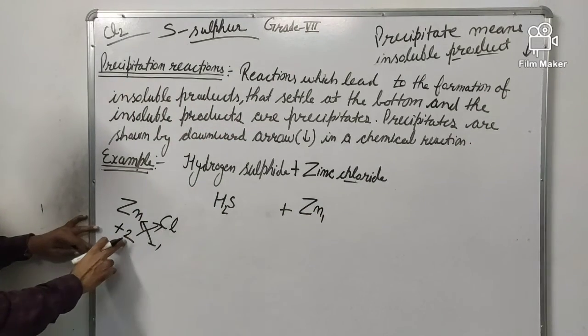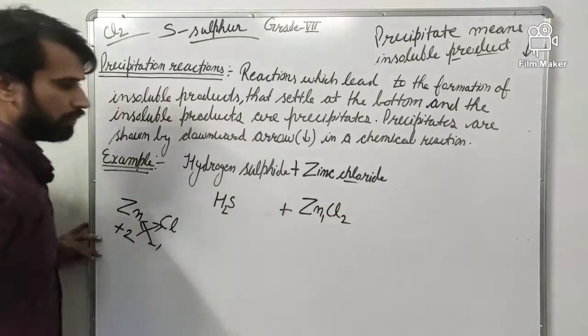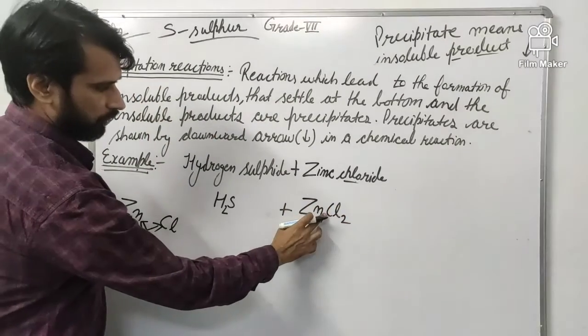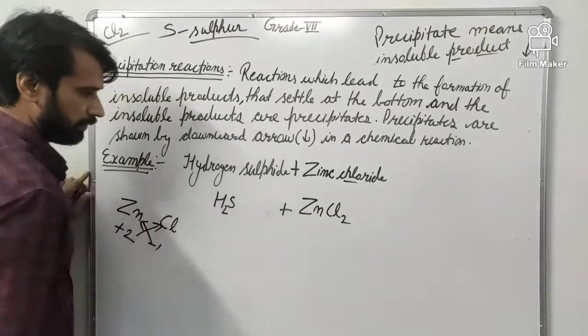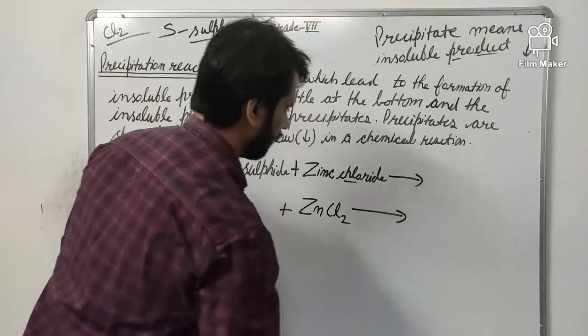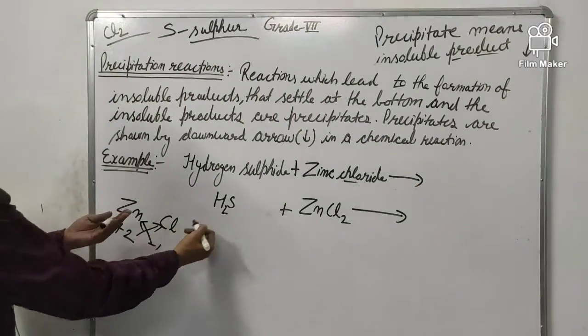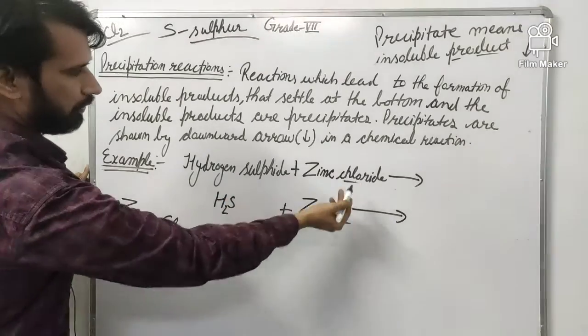Second, Cl is multiplied by 2. Zn 1 means nothing, so I remove 1 from here. So now the reaction will happen. These two are reactants in this case. H2S is hydrogen sulfide, ZnCl2 is zinc chloride.